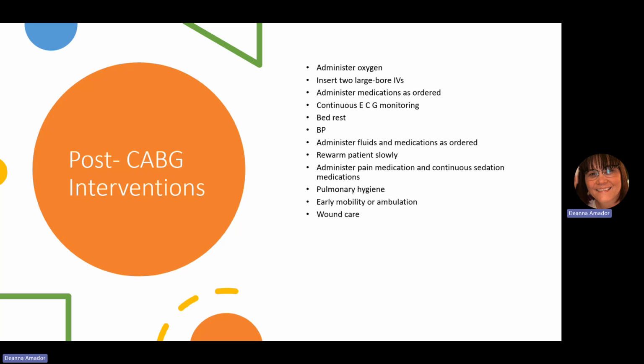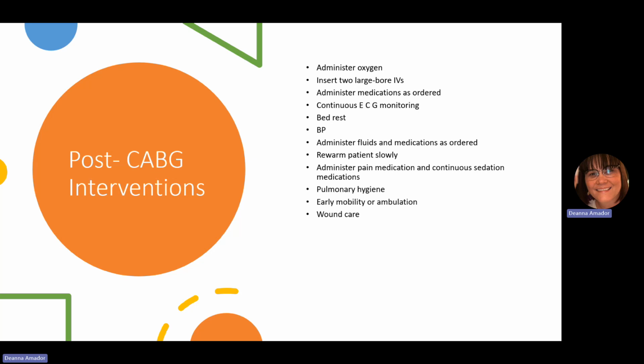As far as wound care on these patients, it's up to the provider. A lot of times they'll keep that dressing on for 24 to 48 hours. And then after that, you'll change it daily. It depends on the provider.